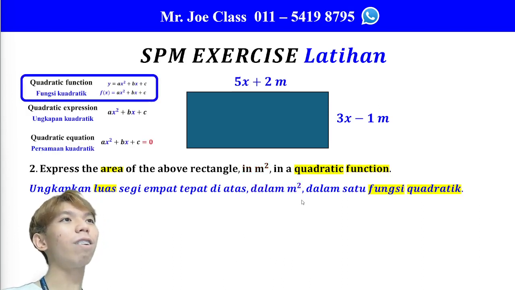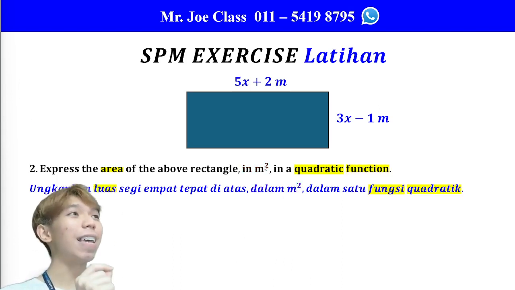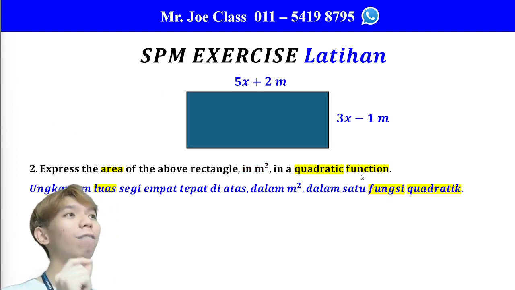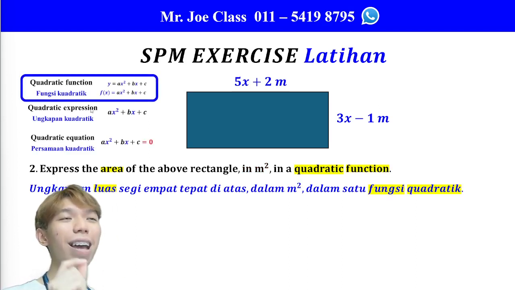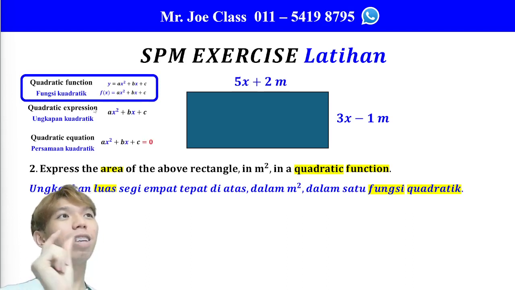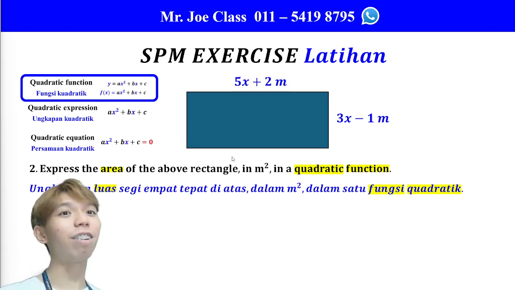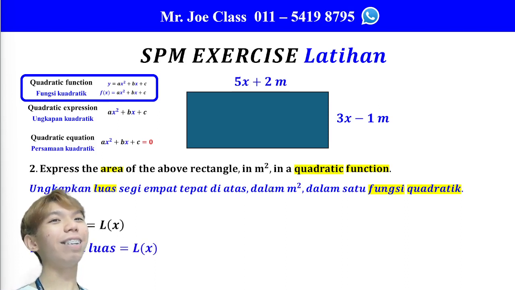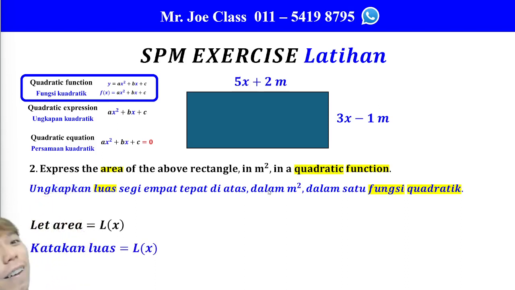But what if you are requested to express the area in a quadratic function? For a quadratic function, there is an f(x) in front of the quadratic expression. So instead of writing area, you let the area, you katakan luas as L(x), because now you have to represent it with L(x) at the left hand side.